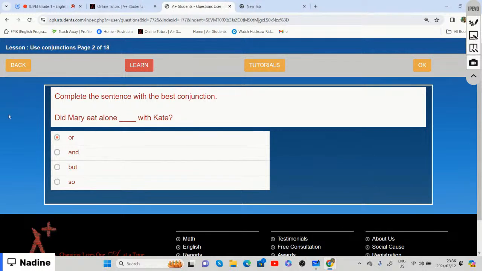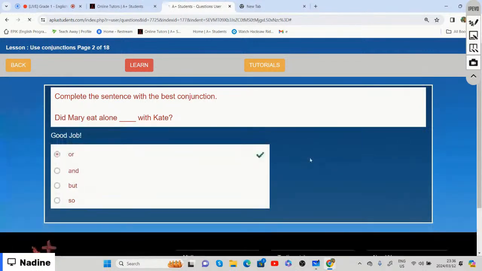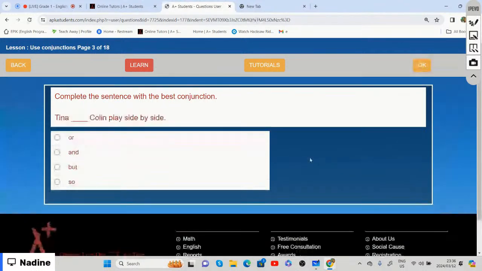And we use the word or to put those words or sentences together. Right? So we're going to complete the sentence with the base conjunction.